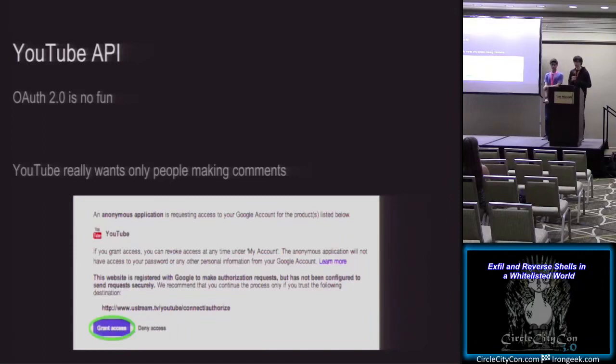So OAuth 2.0 is annoying because it means that for every action that you want the program to do, like post a comment, post a video, make an account, subscribe to another channel, you have to have the user authenticated. They have to press a button, they have to type in their username and password, and then press grant access. And YouTube does this because they really only want people making comments. Now, this is a problem because we want our bots making comments and not people. So we need to find a way around this.